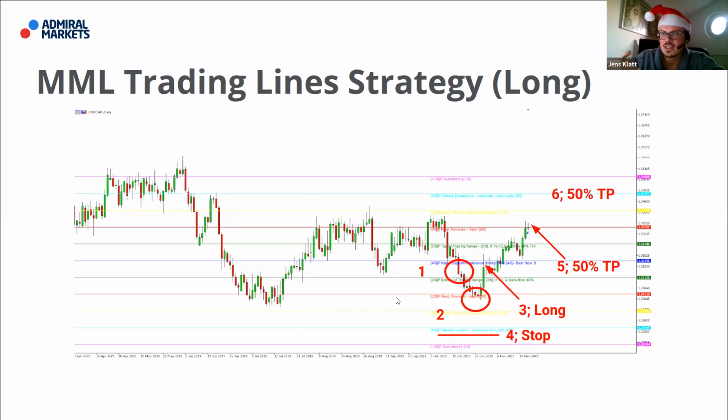So this is, in fact, the standard indication for the Murrey Math lines. I think the standard indication was something like 1,000 days or so, if I'm not mistaken. Let me just check this. One sec.